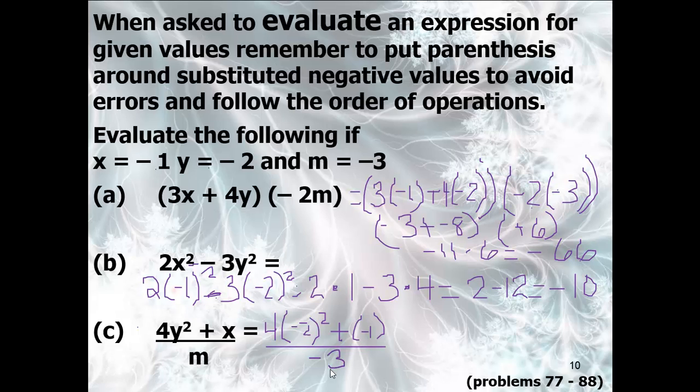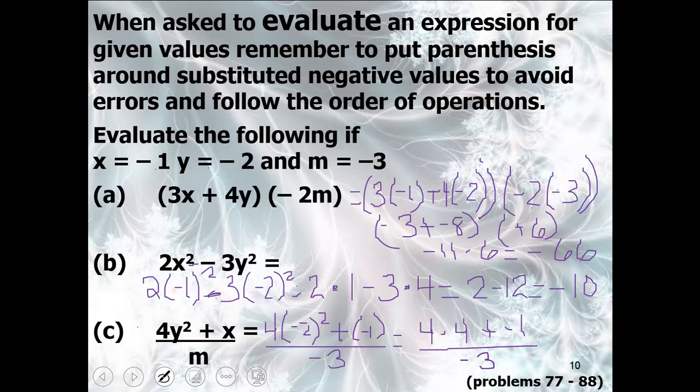Okay? All right, I have to do my exponents first. Negative 2 times 2 is 4, so that's 4 times 4. Plus a negative 1 all over a negative 3.